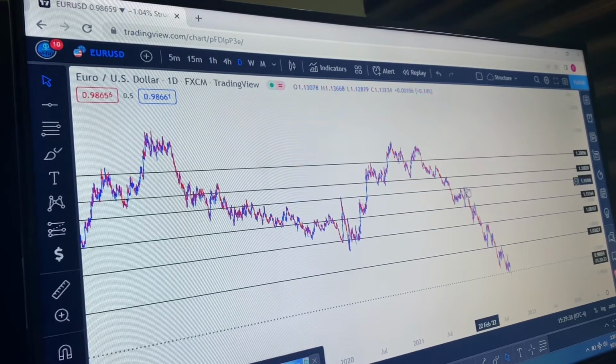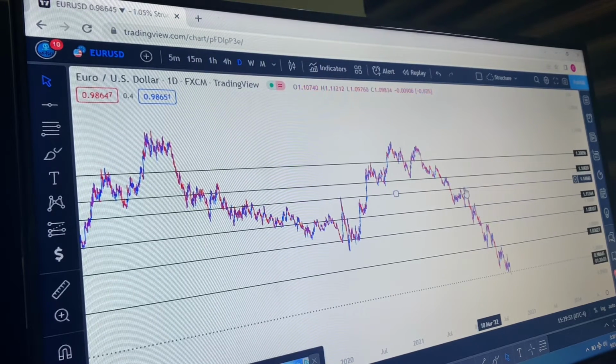Guys, I want you to tell me now, I don't want to just be talking to myself. This area here, where my arrow is, this is what? Let me know if you understand me. Support or resistance? I want to know. Is it support or is it resistance?